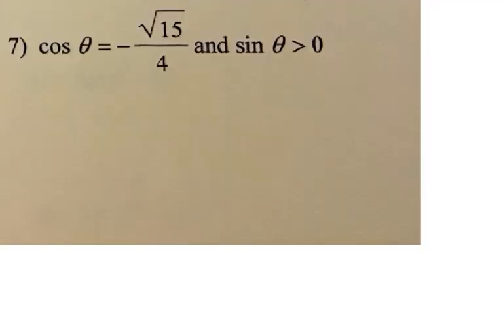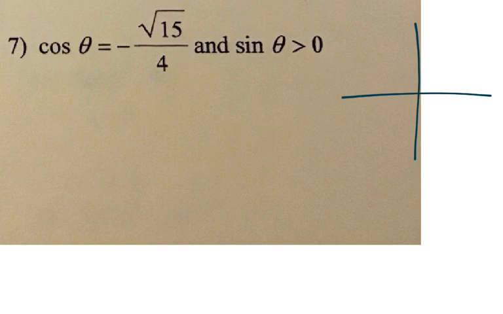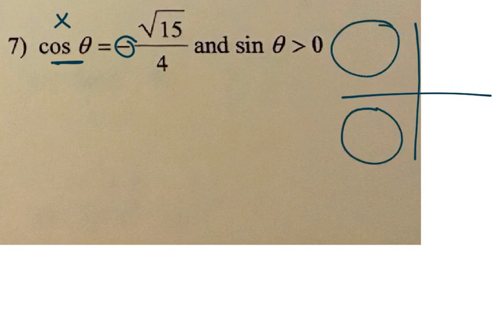Now, here perhaps is a key problem of this video. Let me do the coordinate system over here. We know that cosine is a negative value. Remember, cosine is our x coordinate, right? Where is x negative? It's either here or here. What else do we know?